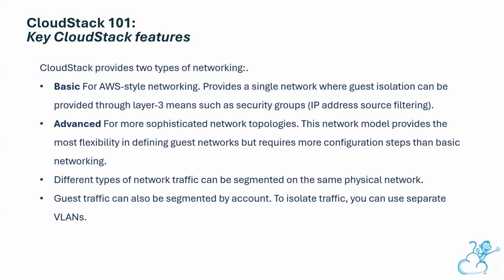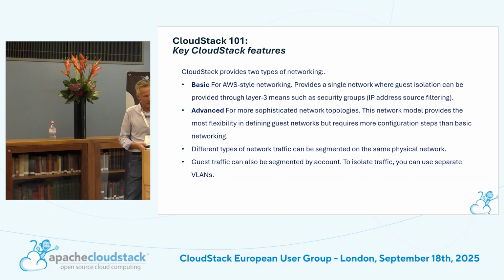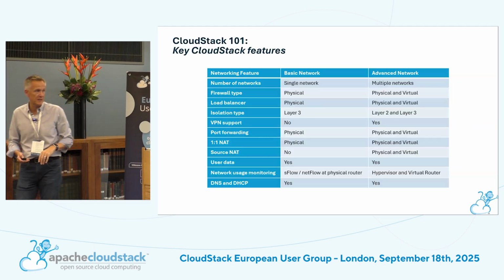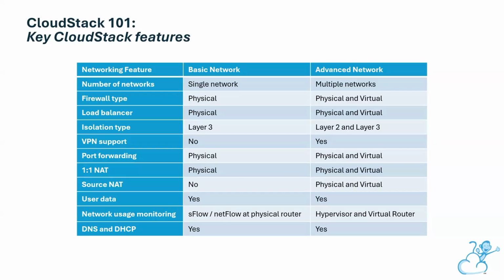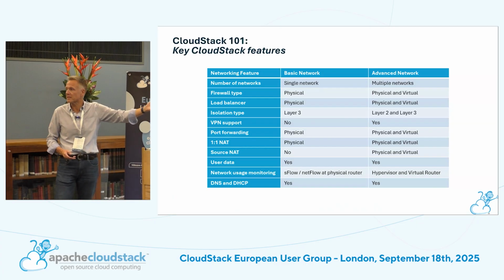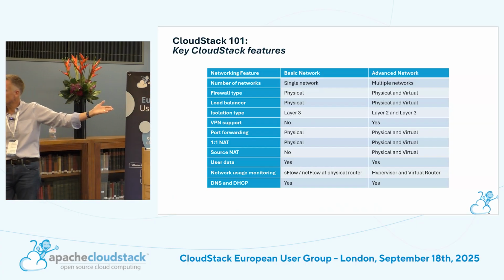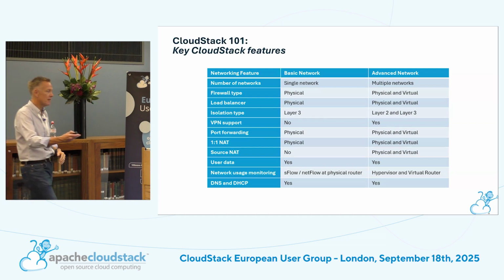And you can use, while you look at this slide here, you can use both basic and advanced networking in the same cloud, per zone if you need to. Again, just a very quick slide there showing the difference between the basic and advanced networking. And again, everything you'd expect to see from a networking solution, CloudStack's got it built in out of the box.